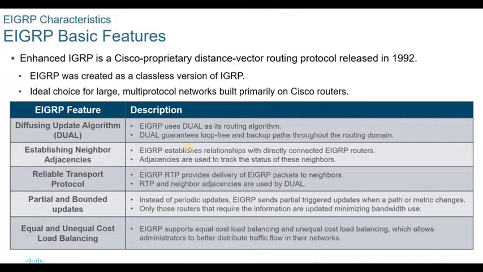The last one is equal and unequal cost load balancing. It supports both equal and unequal cost load balancing. This is an advantage that makes it flexible, and allows network administrators to better distribute traffic flow in their networks by tweaking a certain parameter in terms of its metric.